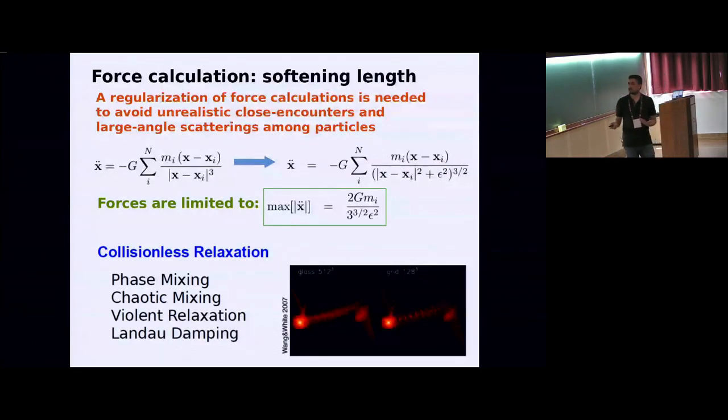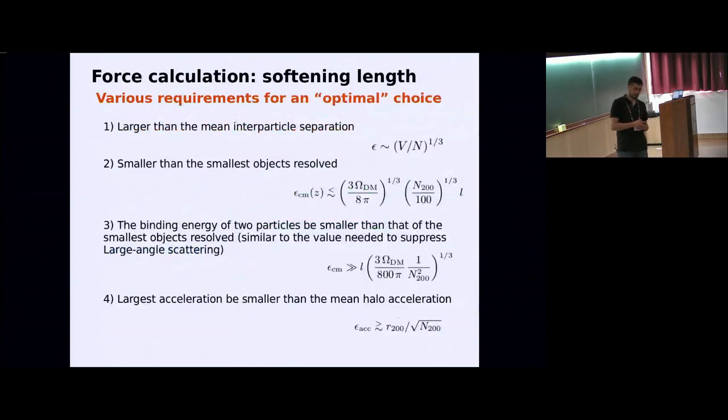So now you have a parameter that will introduce some effects, and it's not obvious. Actually, there's a lot of debate in the field as to how to choose this softening length, right?